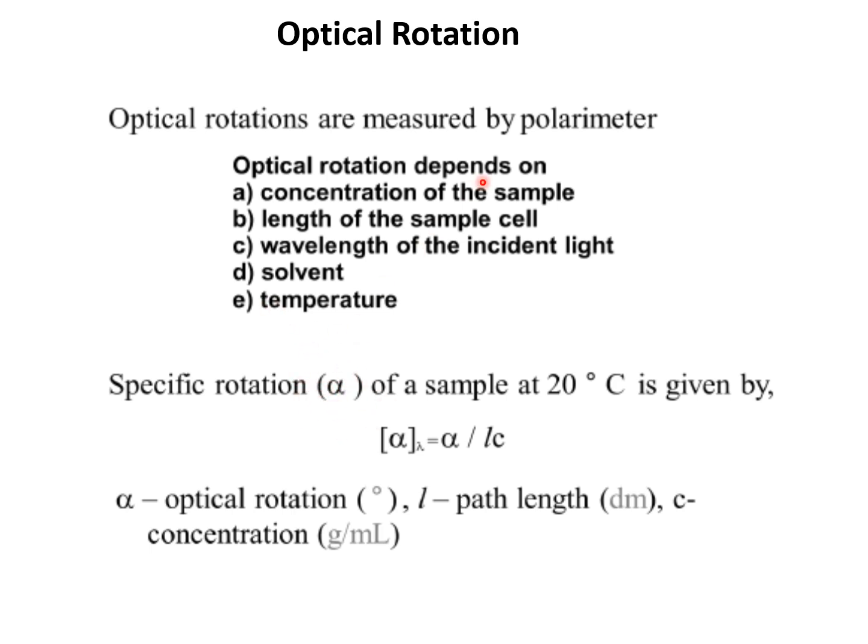This optical rotation depends on several factors, namely concentration of the sample, length of the sample cell, wavelength of the incident light, solvent and the temperature. So this is the expression: specific rotation is equal to alpha by L into C, where L is path length, C is concentration of the solution, and alpha is nothing but the optical rotation or observed rotation.